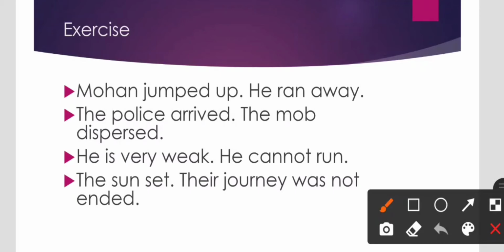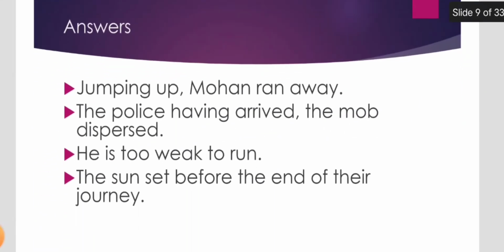He is very weak, he cannot run. Infinitive we can use. He is too weak to run. The sun set, their journey was not ended. The sun set before the end of their journey. So you also do the exercise and match your answers. These are the answers you can match.